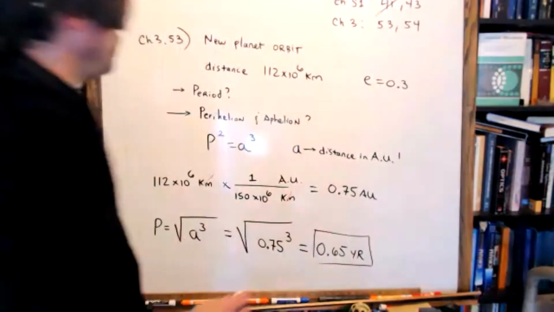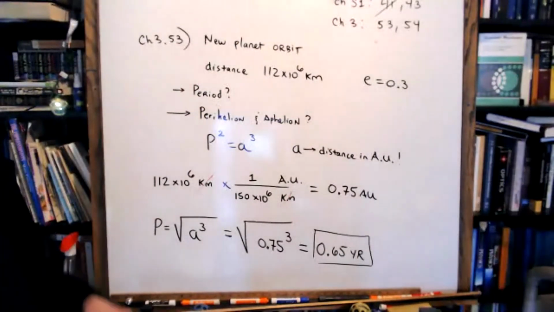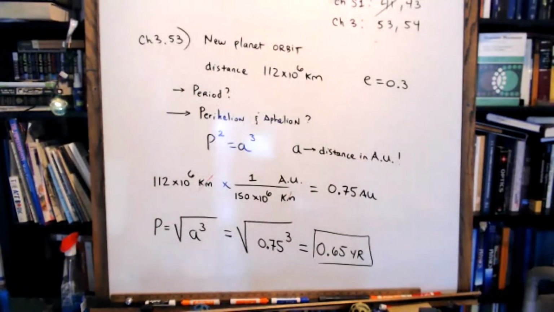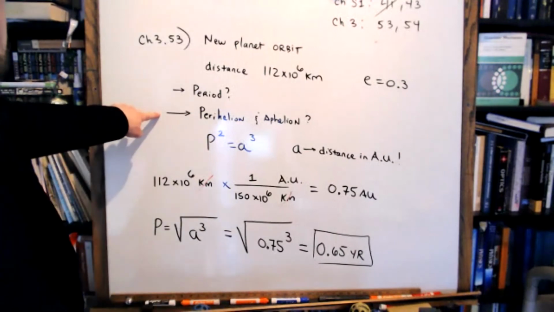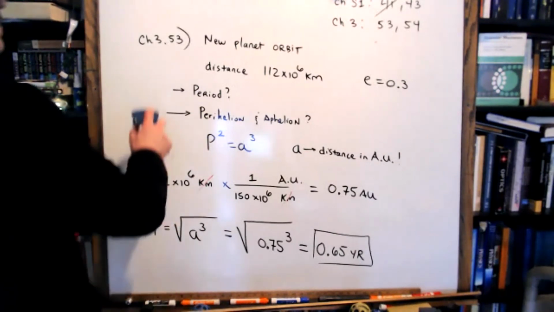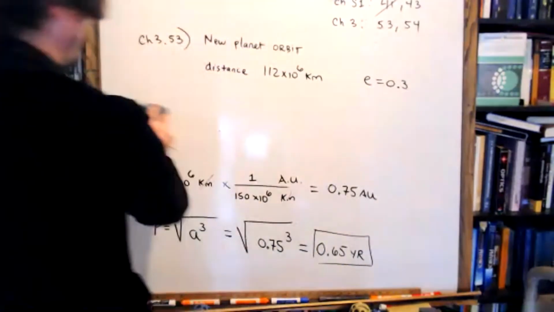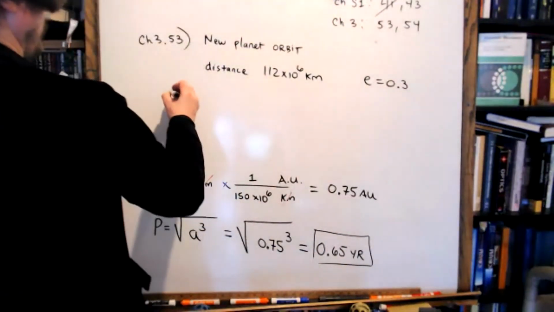That's one of our answers. All right. We also have to get the perihelion and the aphelion distances. The formulas are really simple.